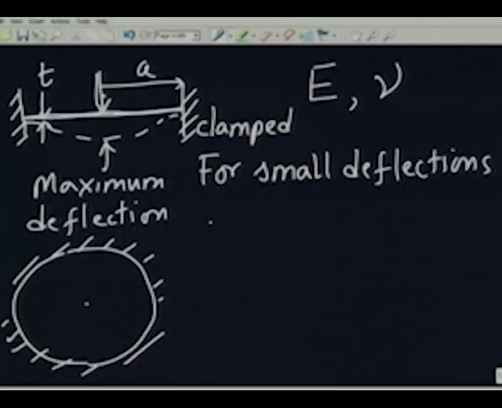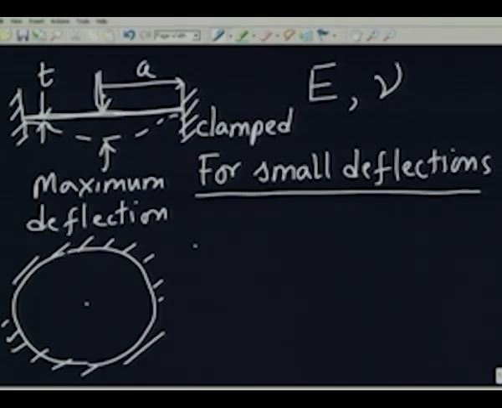For example, the movement which I have shown here must be smaller than the thickness. In fact, it will be much smaller than the thickness and much smaller than the radius of the diaphragm itself. Therefore, for small deflections, we have a linear relationship between the pressure and the deflection.